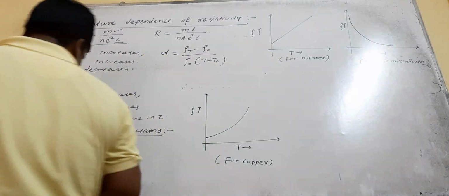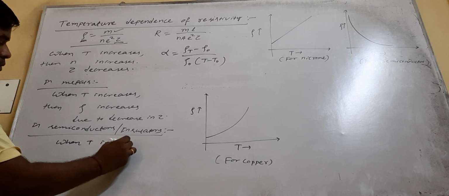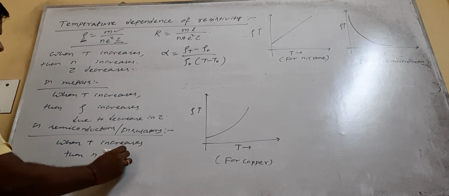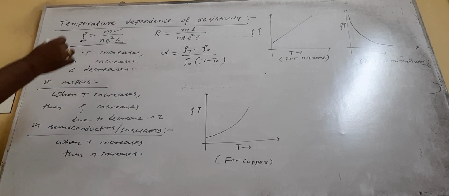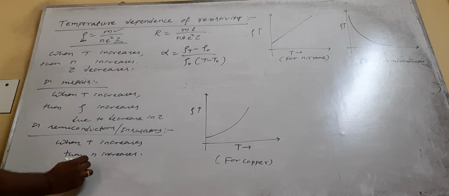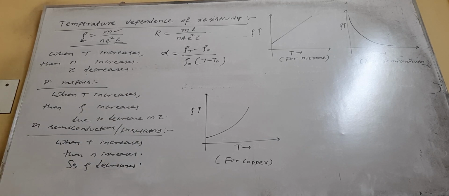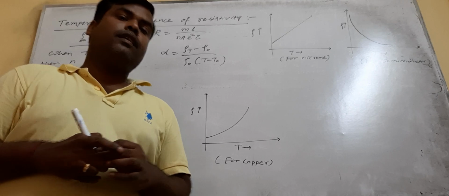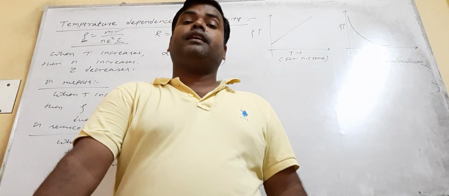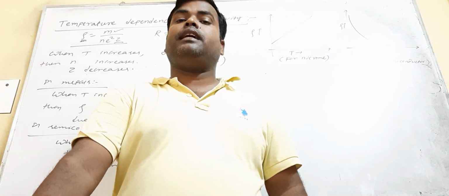When temperature increases, N increases, and this increase in N has more effect on rho than the decrease in tau. So the resistivity decreases. So you remember, for a semiconductor or insulator, the resistivity decreases with increase in temperature.